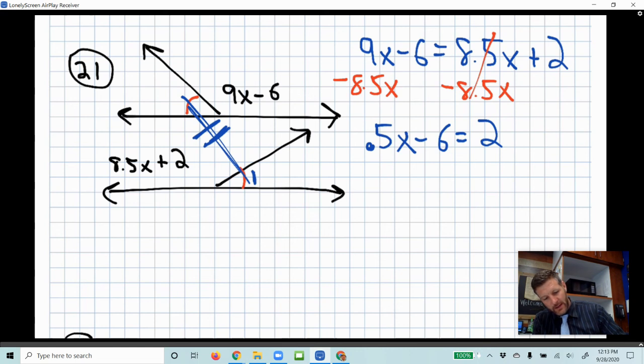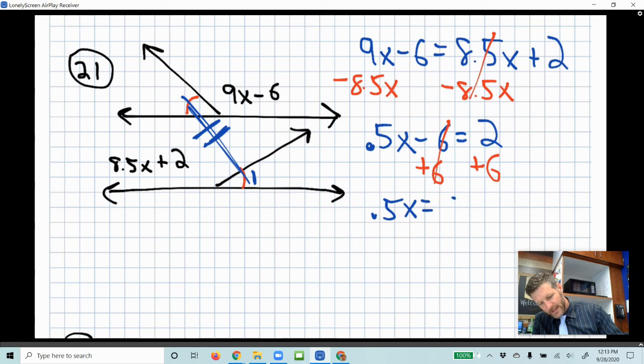Alrighty, then we need to go ahead and add our 6 to both sides, because that'll cancel out the negative 6. So 0.5x equals 8. Alrighty. And then we need to just divide by 0.5, division property of equality. You don't have to give the justifications for this problem, so I'm not going to. But we could.